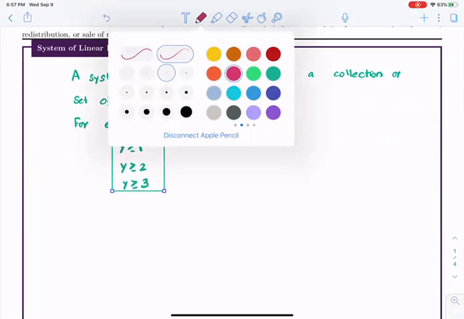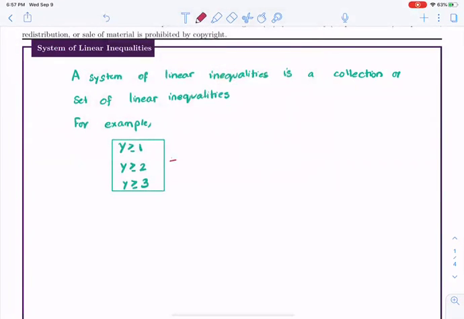It's a rather simple system, but it is a system of linear inequalities. So if you have more than one linear inequality put together as a collection, then we have a system of linear inequalities.